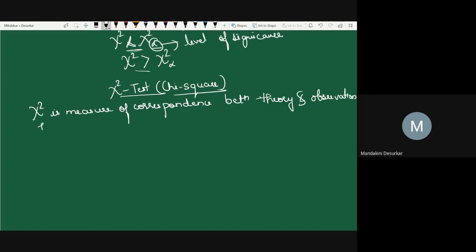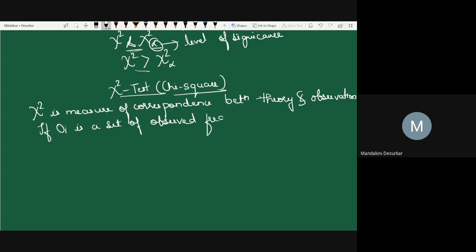Now here, I can't directly write the formula. Before the formula, I should define what the notations are.